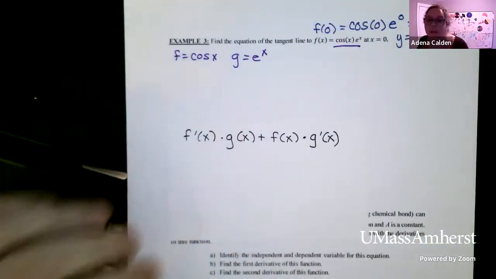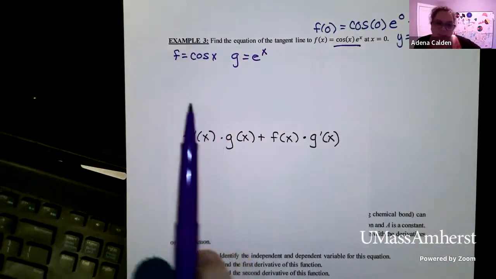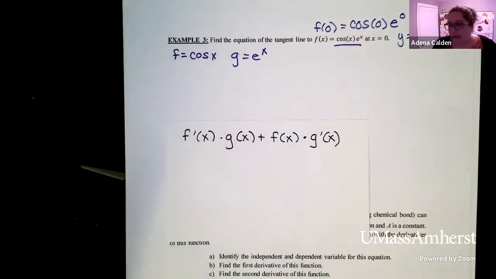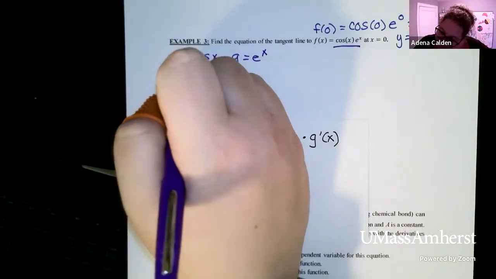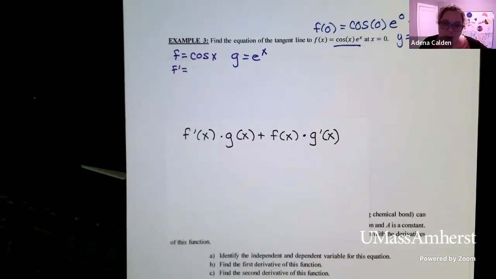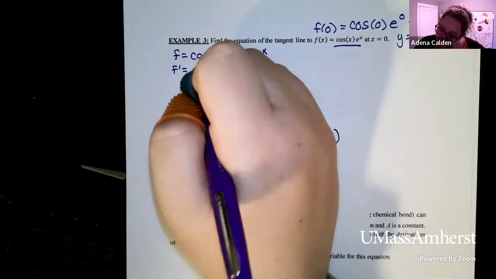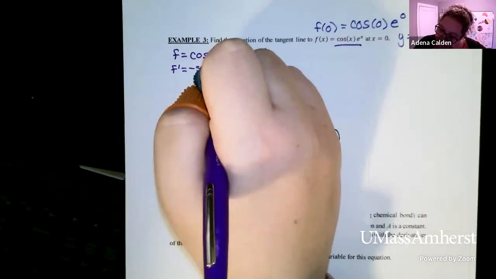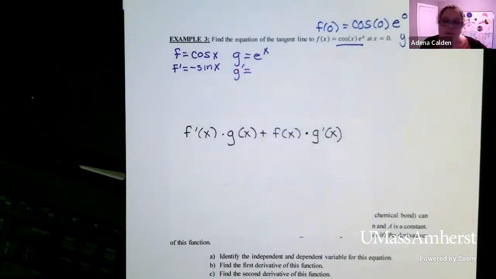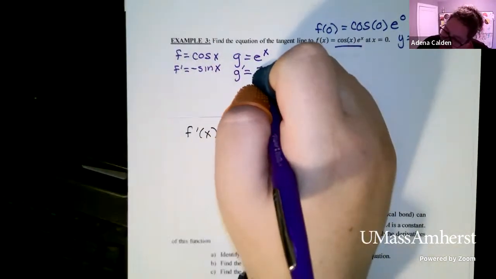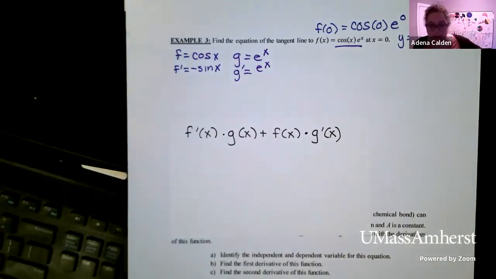You'll notice I'm being a little less formal now. Instead of writing f of x, I'm just writing f. It's just a matter of notation. Either is fine. So the derivative, f prime, derivative of cosine is negative sine. And the derivative of e to the x, we said, was e to the x.